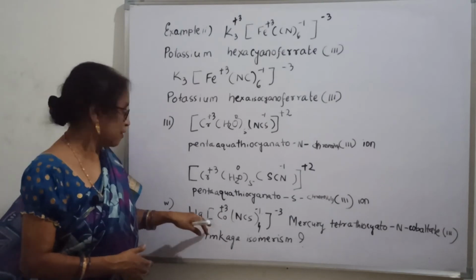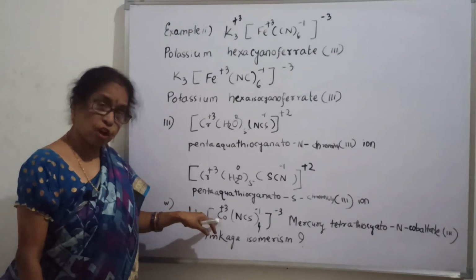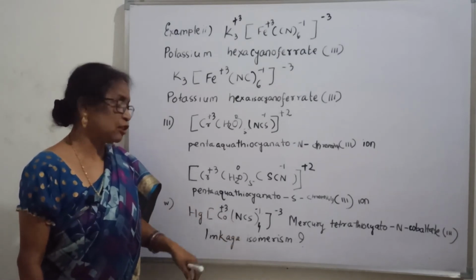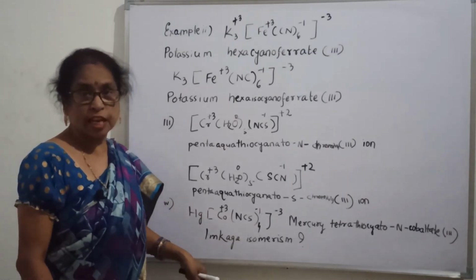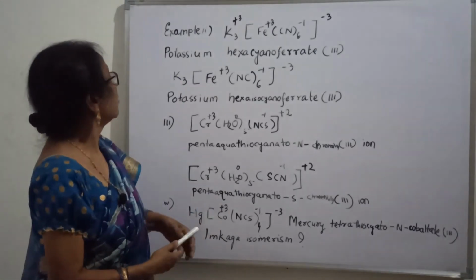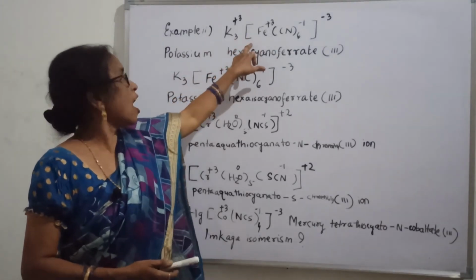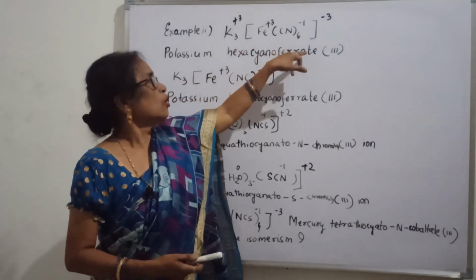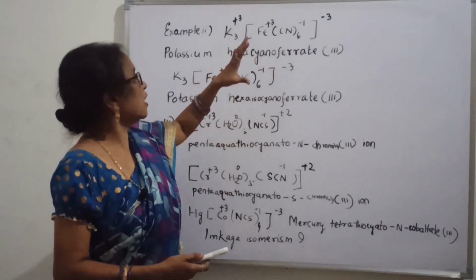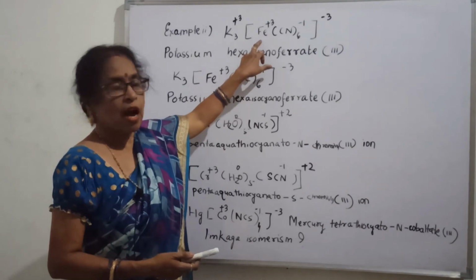Then what is the possible linkage isomerism? Let the question be given, with one structure: what is the possible linkage isomer? Write down and also write its IUPAC name. Again I want to explain from example 2. This is K3[Fe(CN)6]. From that you should calculate the oxidation number of this iron.